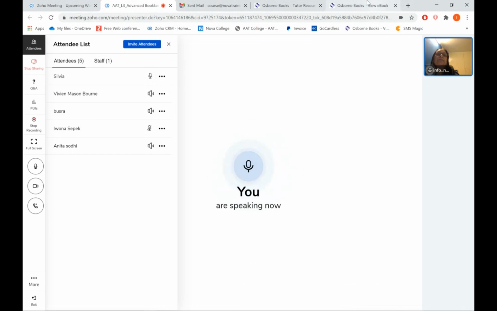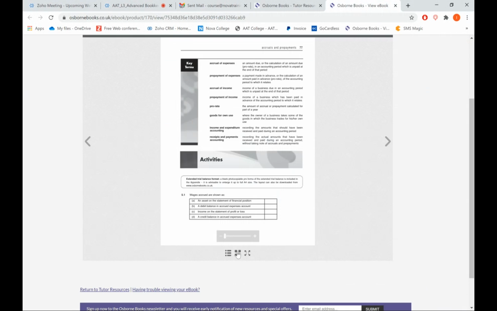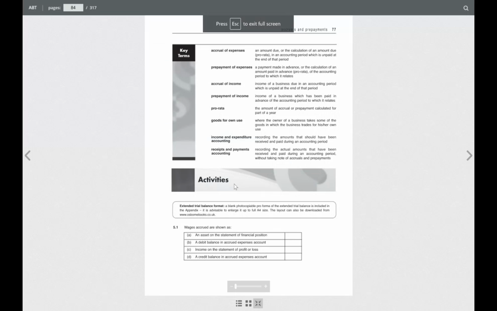Okay, let's see this question. The first question, I would like Sylvia to read and tell me the answer. Wages accrued are shown as: A, an asset on the statement of financial position; B, a debit balance in accrued expenses account; C, income on the statement of profit and loss; D, a credit balance in accrued expenses account.